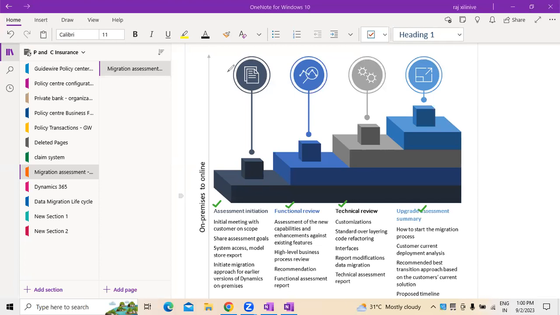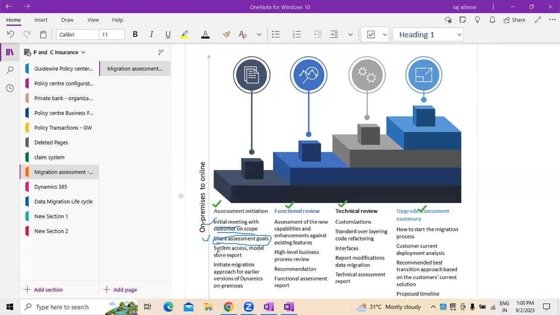Now, assessment initiation is where we hold the initial meeting with the customer to understand the scope, followed by the assessment goals. Sharing all the assessment goals will also be a part of it.